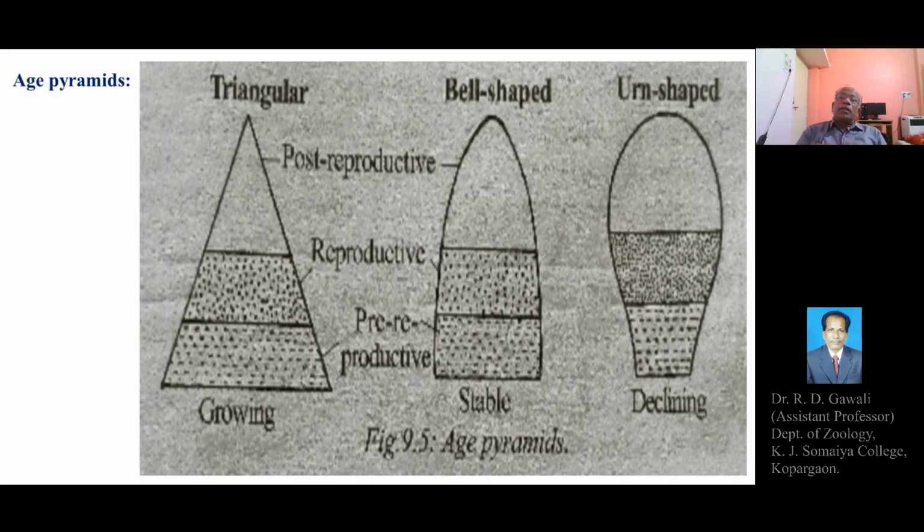And in the third type, the urn-shaped age pyramid, the number of individuals of the pre-reproductive age group, or the younger class, is very small, present at the bottom. Then there is a larger number in the reproductive stage, and again more organisms in the post-reproductive stage, or old age, indicating that the population is declining.